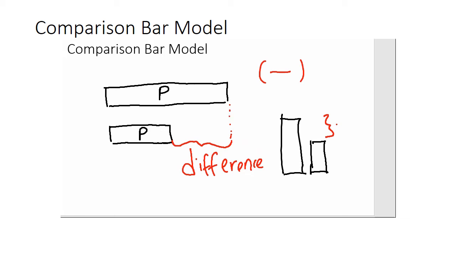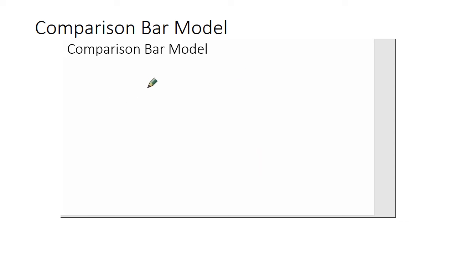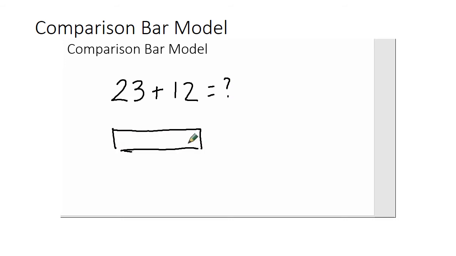Now I am going to give you scenarios using numbers. If the problem is 23 plus 12, what does that give you? In a comparison bar model, I have a 23, and then 12 is about halfway from 23.